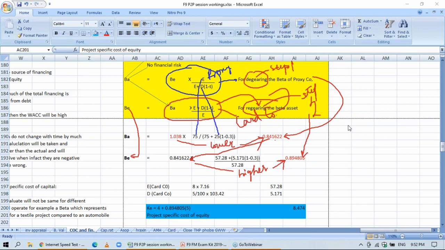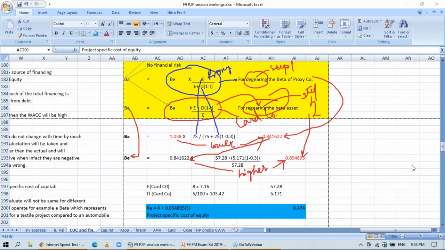That's the risk premium, RM minus RF. Yes, they will mention it. They will definitely tell you that you are investing in a different company, and the financial risk you will find yourself, as they had given you in the question that 75 to 25 was the ratio for the financial risk.